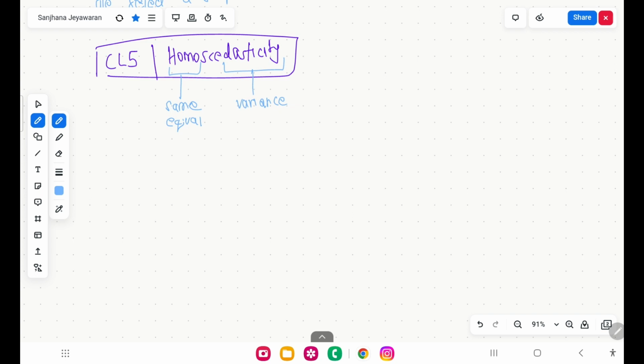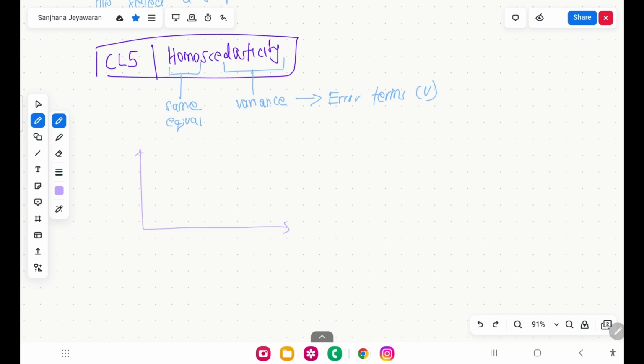Here we are specifically talking about the variance of error terms u. So basically homoscedasticity is equal variance of u, that is the error terms, for all values of x.